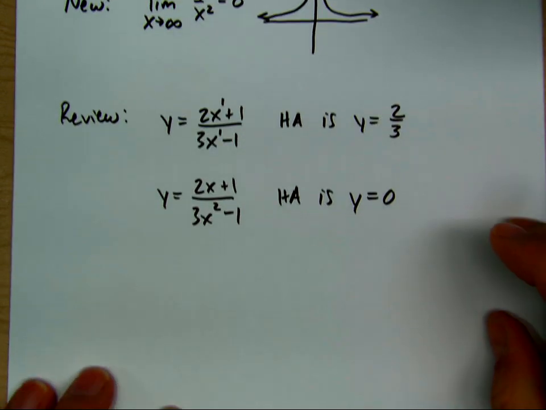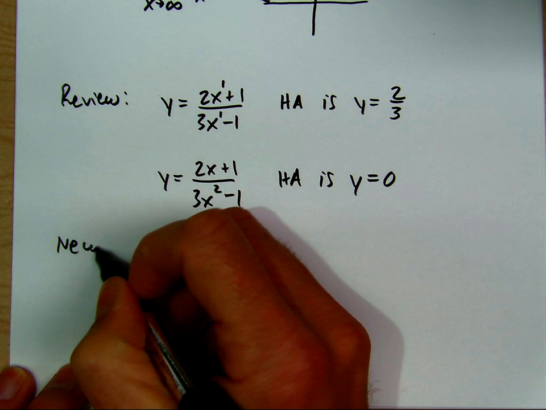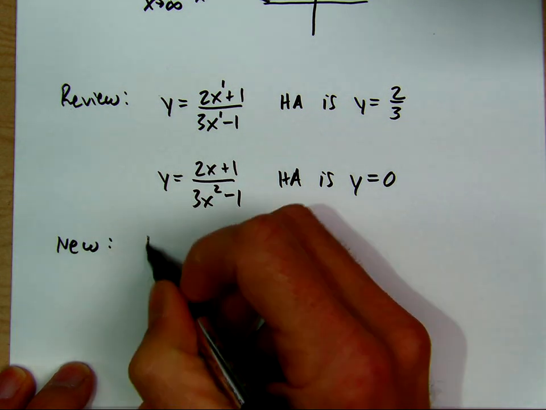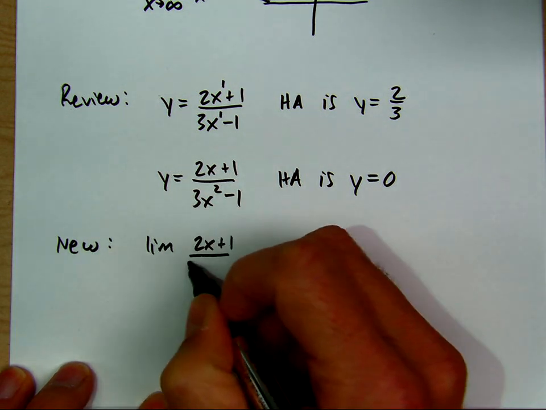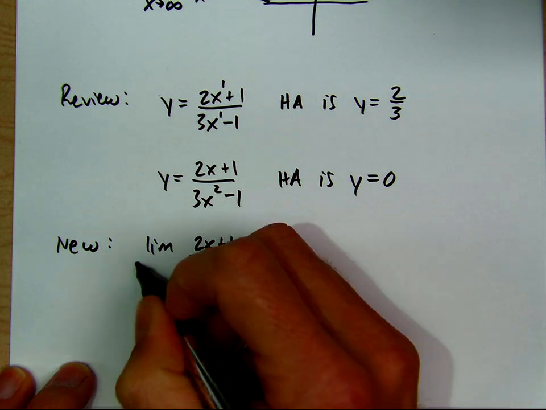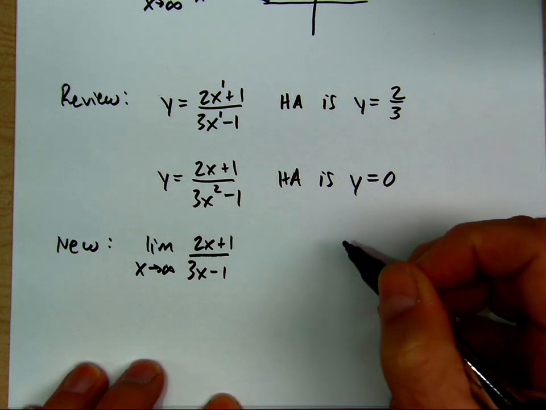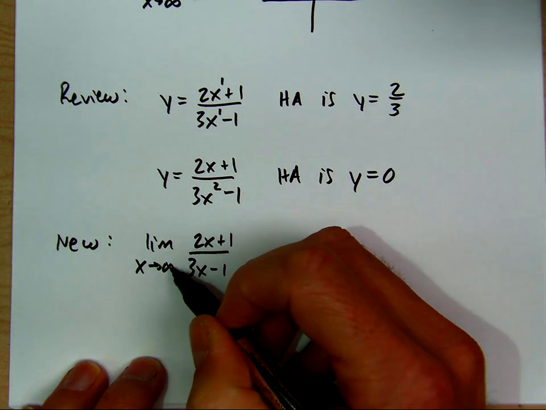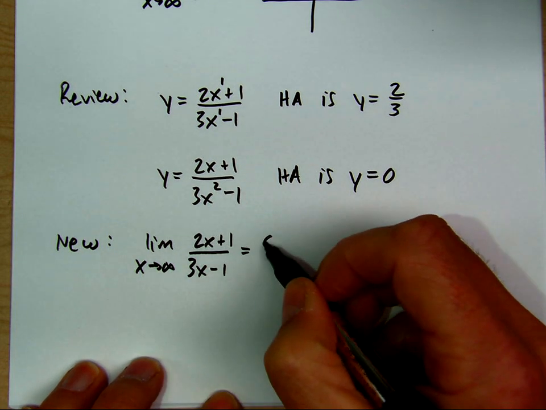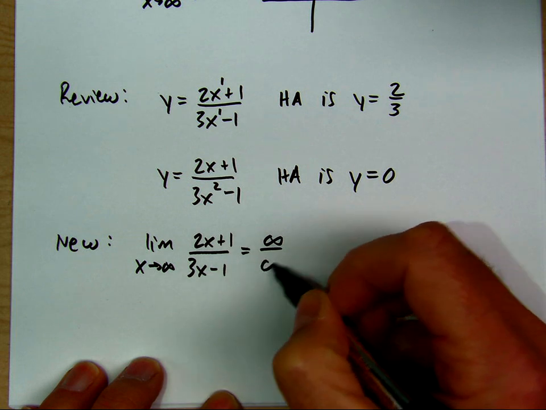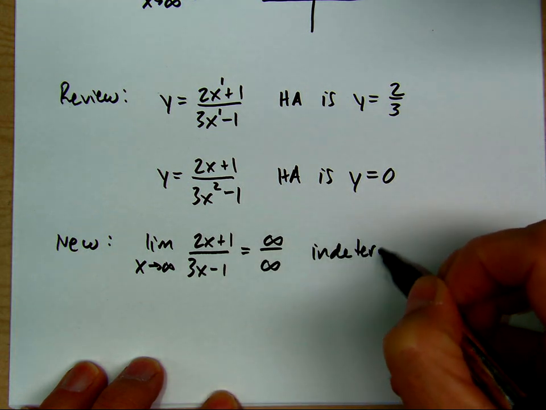And when we look at it with limits, if we consider what happens as x goes to infinity, we'd say the numerator goes to infinity and the denominator goes to infinity. This is indeterminate.